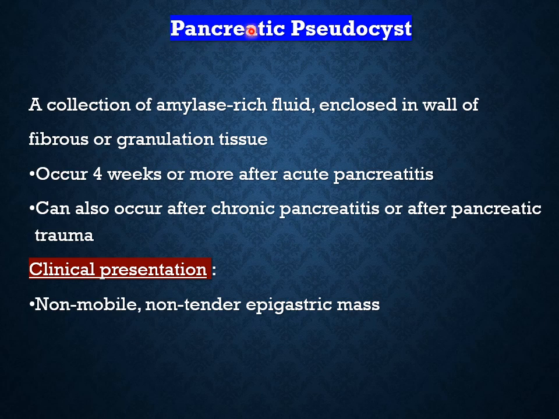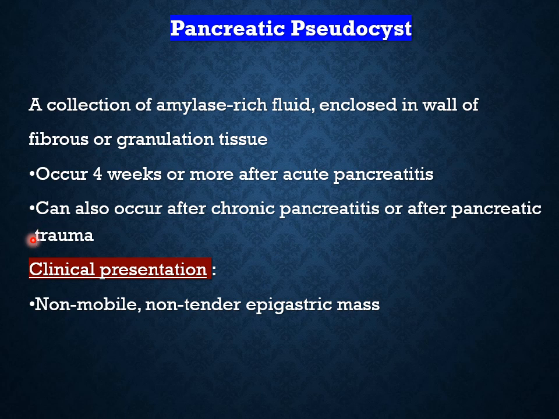A short reminder about the pancreatic pseudocyst, which is a collection of amylase-rich fluid enclosed in a wall of fibrous or granulation tissue, and is usually surrounding the pancreas, which is acutely inflamed. It occurs 4 weeks or more after acute pancreatitis. It can also occur after chronic pancreatitis or after pancreatic trauma.